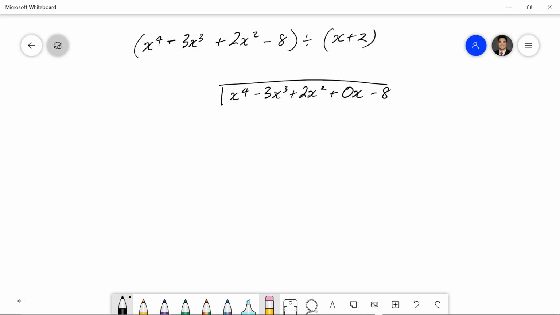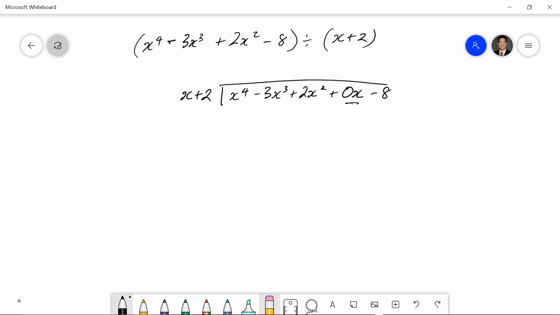It's kind of like putting your zeros in your place values. If you had, say, 207, there's no tens here, but you still need to put that value into the expression to make it all align correctly. So we've got x plus 2 on the left here as our divisor.